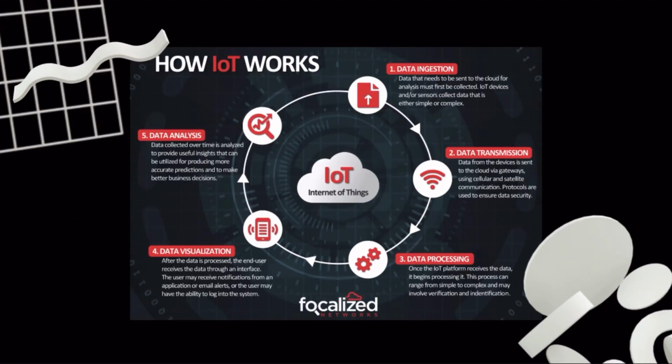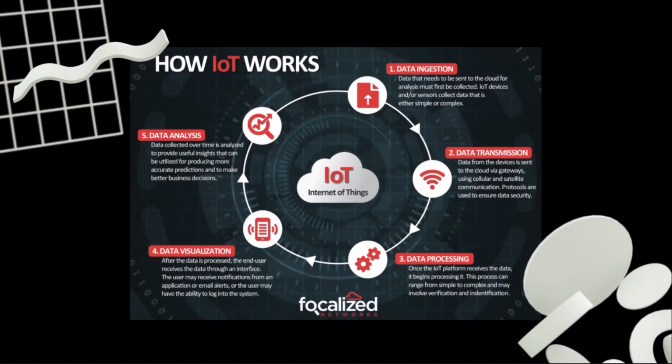Next, how IoT works. 1. Data ingestion. Data that needs to be sent to the cloud for analysis must first be collected. IoT devices and sensors collect data that is either simple or complex. 2. Data transmission. Data from the device is sent to the cloud via gateways using cellular and satellite communication.